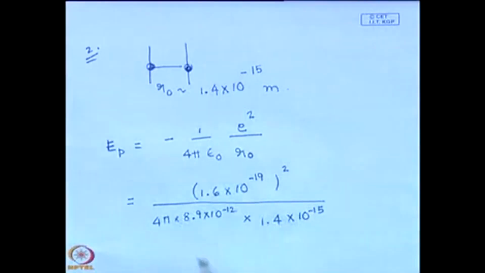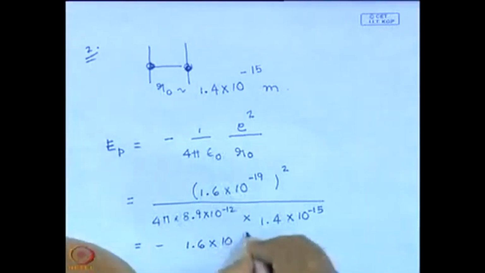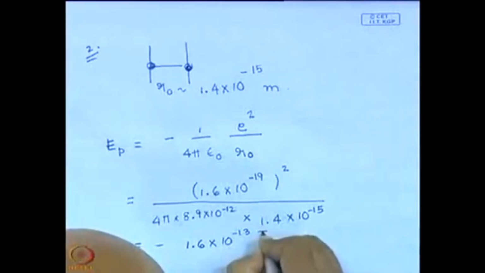You put in these numbers and the potential energy comes out to be of the order of minus 1.6 into 10 to the power minus 13 joules.